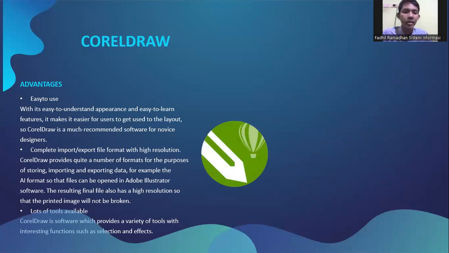For example, the AI format so that files can be opened in Adobe Illustrator software. The resulting final file is of high resolution so that the printed image will not be broken.